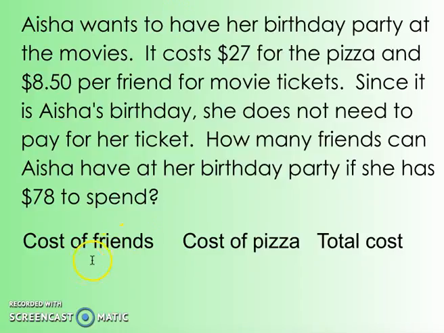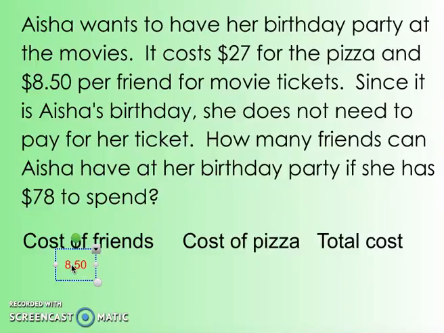Okay, so first of all, let's talk about how much it costs per friend. Well, $8.50 per friend. Now think about it. If I know that every single friend costs $8.50, what is an easy way to write an expression to show that no matter how many friends I bring, I can quickly figure out the cost of their movie tickets?